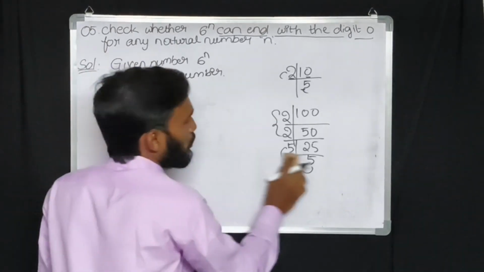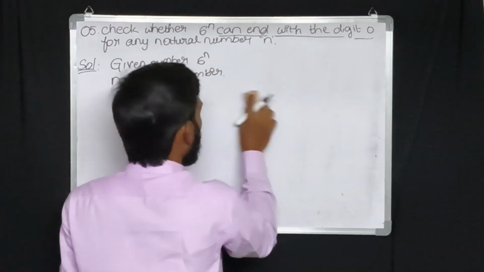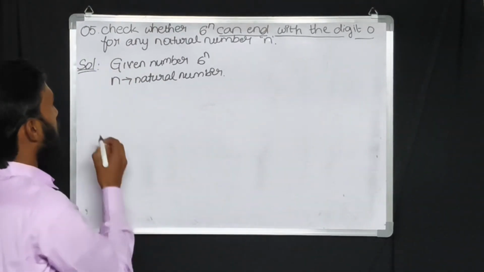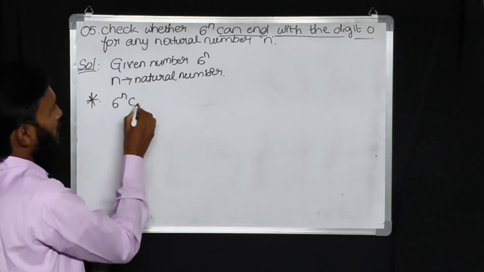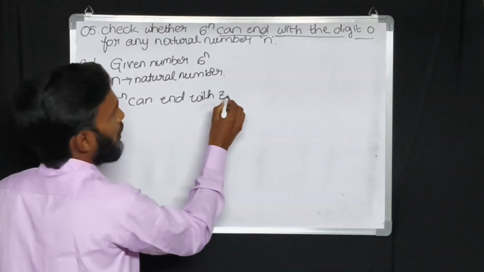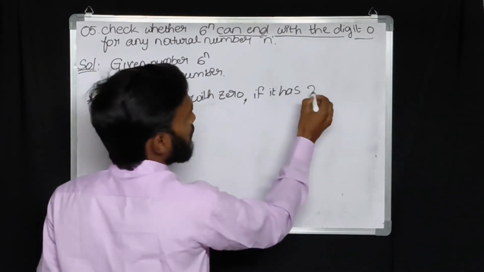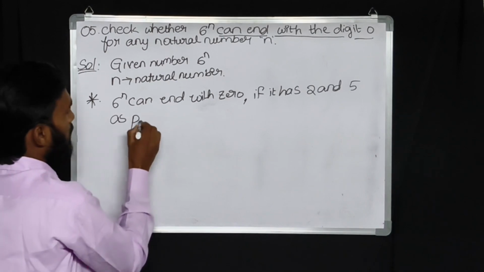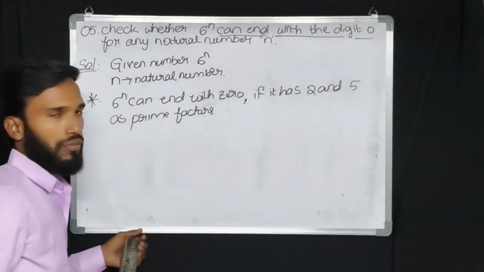So before finalizing whether 6^n has last digit 0 or not, we have to write one important point: 6^n can end with 0 if it has 2 and 5 as prime factors.